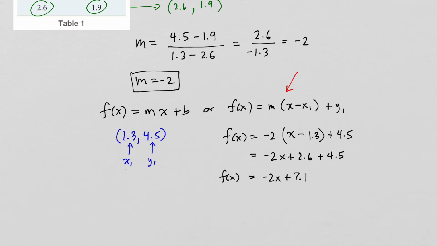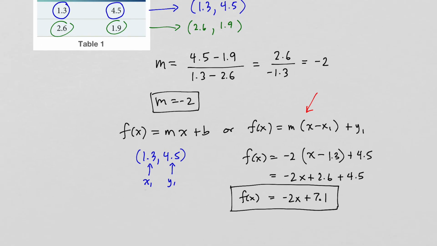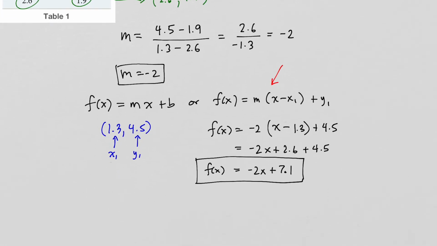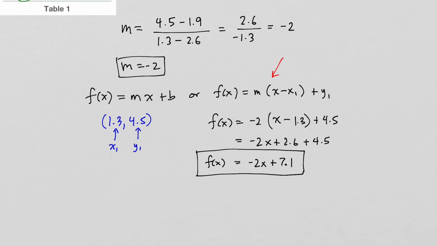So this is the equation of the linear function that satisfies the input and output values you see up above. Now what they ask for is, what is f of 5? Well, to get f of 5, we now only have to plug in x equals 5. So this is negative 2 times 5 plus 7.1, and that is negative 10 plus 7.1, which is negative 2.9.